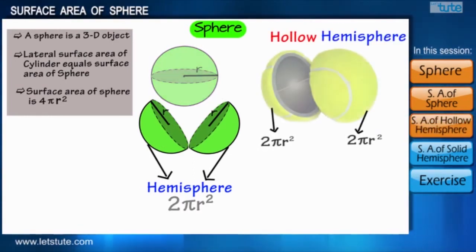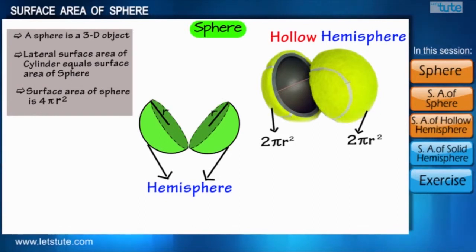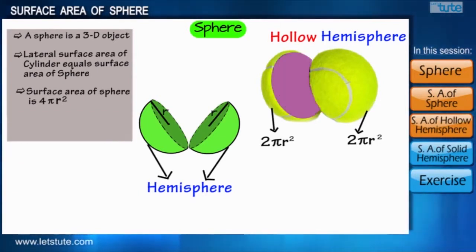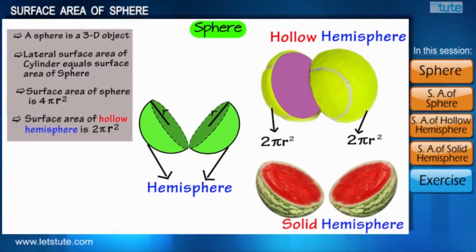For example, if we cut a tennis ball in half, which is hollow inside, here we will get a circular edge but not a circular surface, whereas a solid hemisphere has a circular edge which divides the surface into two surfaces.